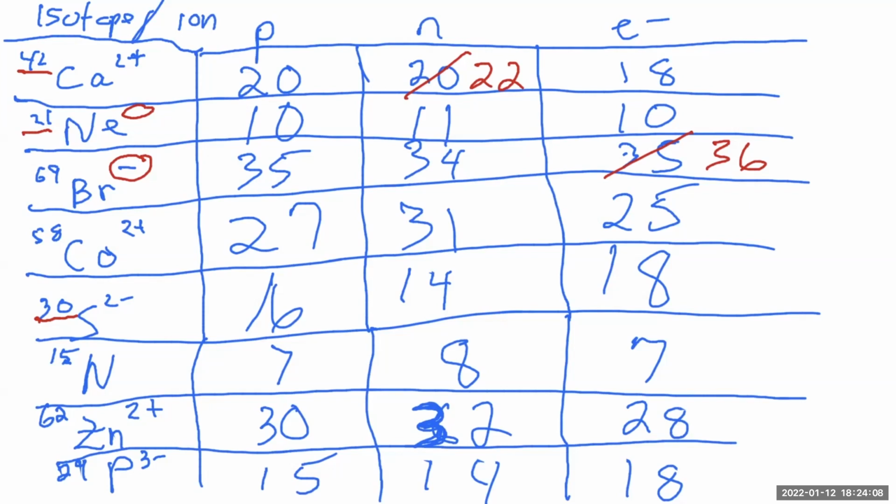An isotope has the same number of protons, so it's the same element, but a different number of neutrons, which means a different mass. And an ion is an element with a charge. That means there's a different number of protons than electrons. If there are more electrons than protons, it's a negative charge. If there are more protons than electrons, it's a positive charge.